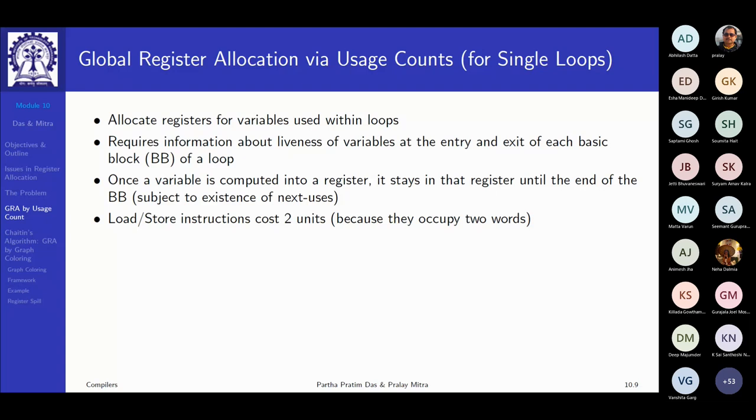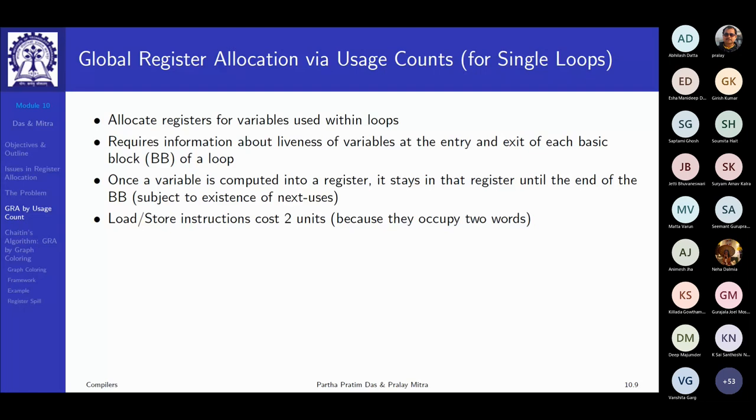Now, what you observe is once you have computed a variable in a register, you will try to keep that in the register until the end of the basic block, if there is some subsequent next use of that variable. Right? And you also assume that load store instructions cost 2 units, because in terms of program execution time, the maximum time goes in the memory fetch.